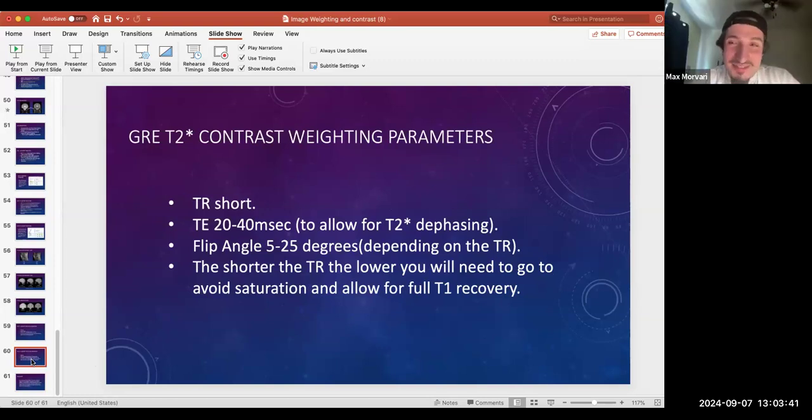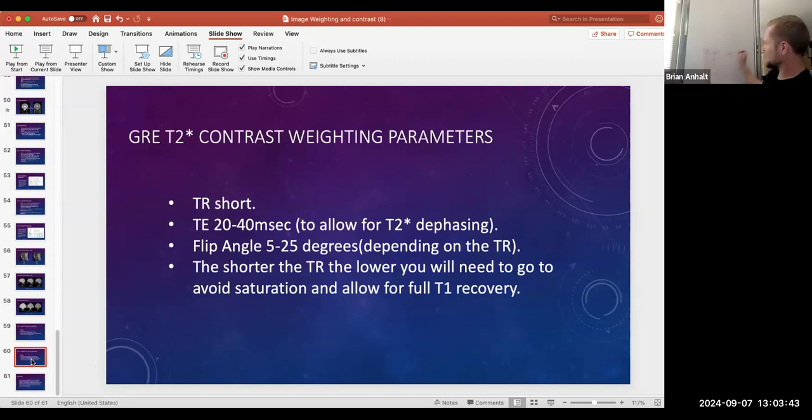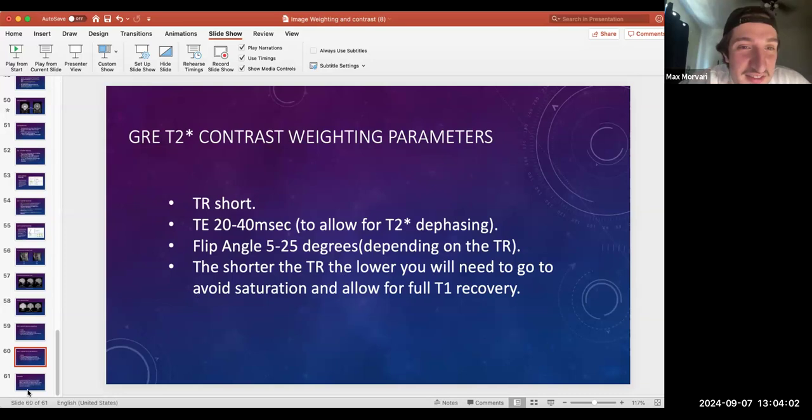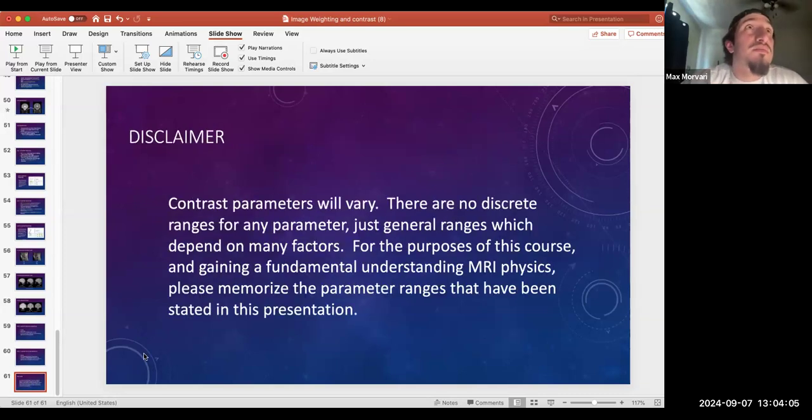No, it is proton density. Low flip angle, eliminating T1 information. Low TE, eliminating T2 star information. Proton density now.